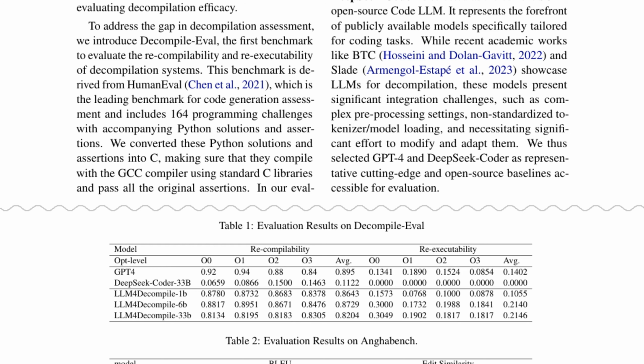This benchmark is derived from HumanEval, the leading benchmark for code generation assessment, and includes 164 programming challenges with accompanying Python solutions and assertions. We converted these Python solutions and assertions into C, making sure that they compile with the GCC compiler using standard C libraries and pass all the original assertions.